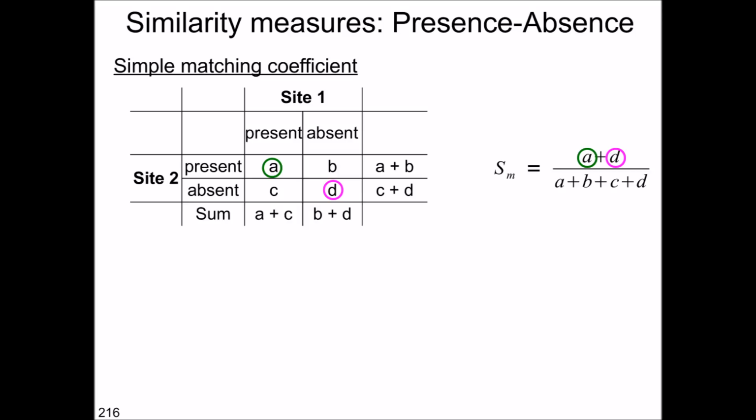The formula shows you that you just sum up the presences, so the species that are present in both site 1 and site 2, and you sum up the joint absences, so when the species is absent in both site 1 and site 2, you sum up the A and D, and then you calculate the fraction of the overall cases. So also considering that of course the species can be absent in site 1 but present in site 2, and the reverse case.